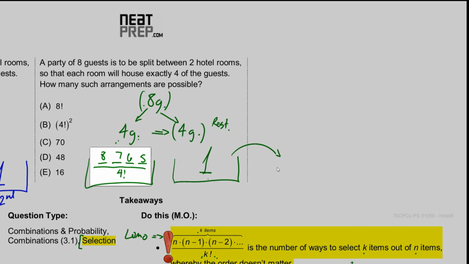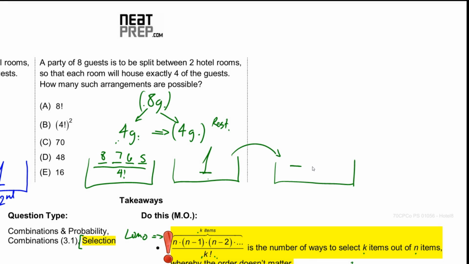Since after selecting the first 4 guests, we have exactly 4 guests left, there are 4 options for the 5th guest, 3 options for the 6th guest, 2 options for the 7th guest, and 1 option for the 8th guest. Since their internal arrangements do not matter, we must divide 4 times 3 times 2 times 1 by 4 factorial, which yields 1.